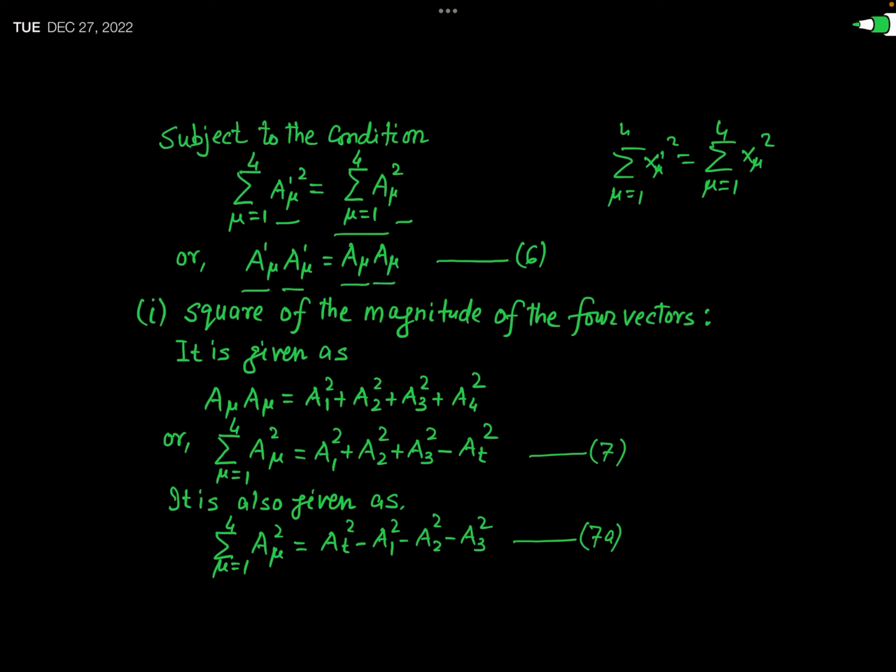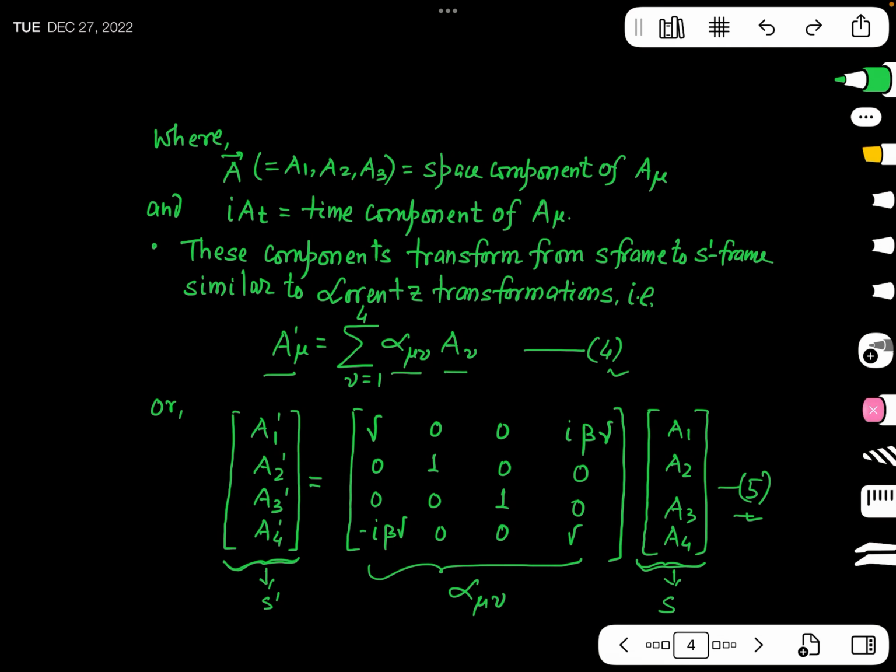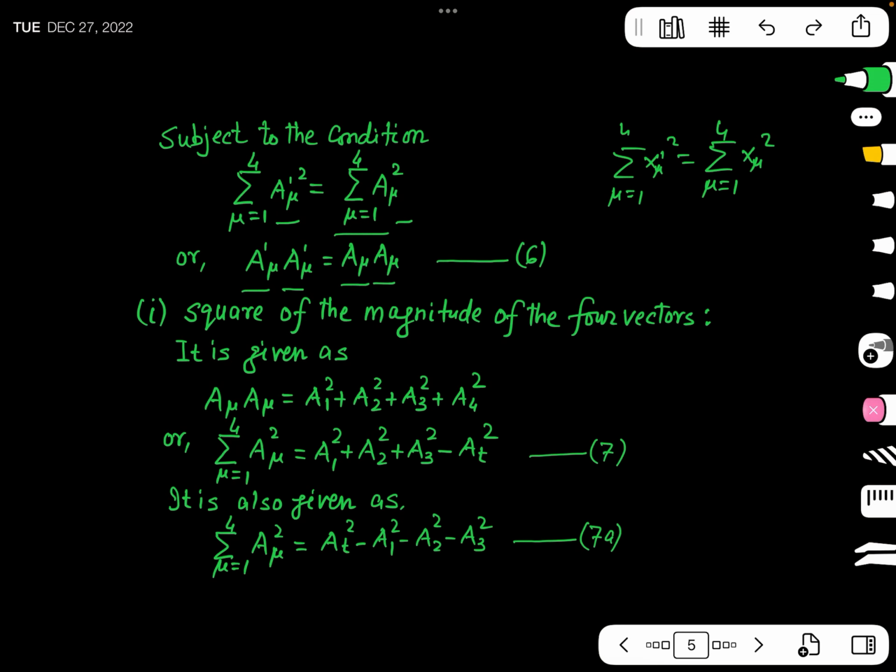So this equation 4, or this equation 5, using any one equation from these two, we can easily find the components of a 4 vector. If we know the components of a 4 vector in S prime, then you can find its components in S prime prime by using any of those two equations. Now we will see some of the important properties of this 4 vector.